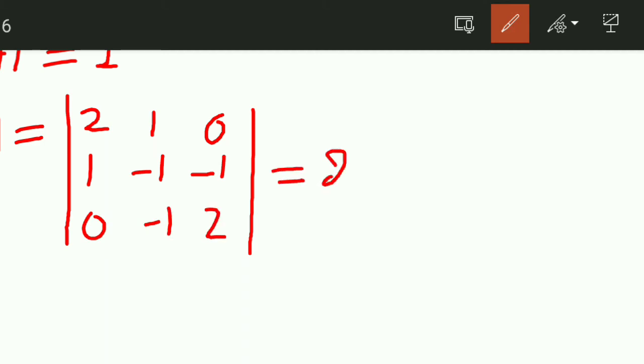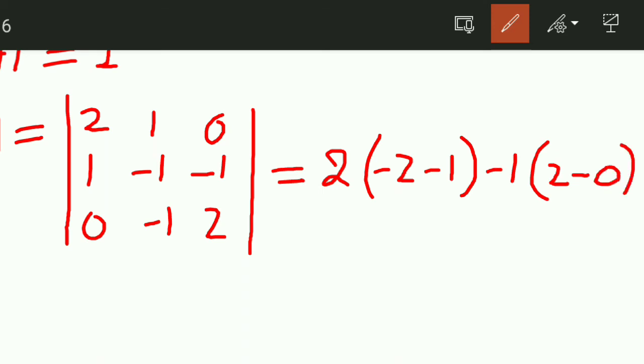Take 2 times (minus 1 into 2, minus 2, and then minus 1), then minus 1 times (1 times 2, minus 0), and then plus 0 times (minus 1 minus 0).